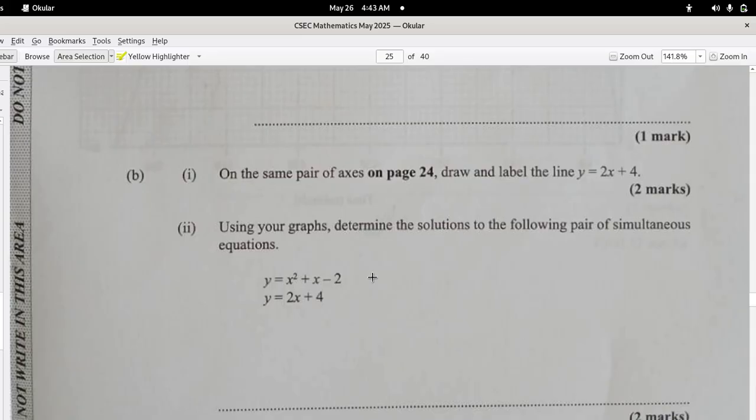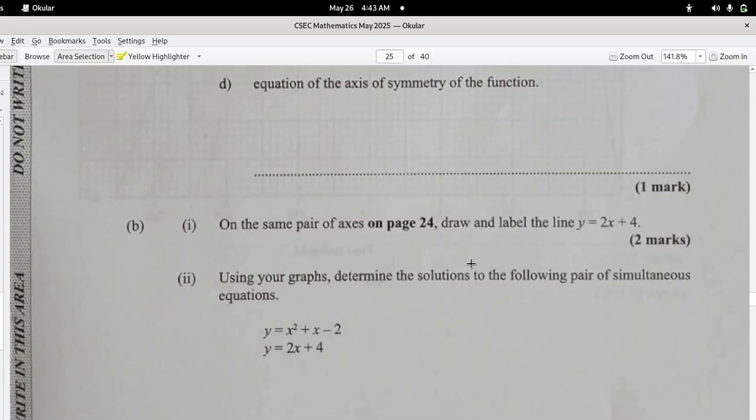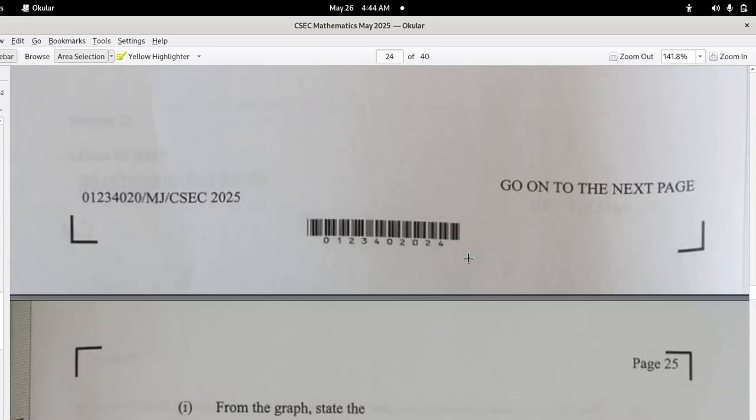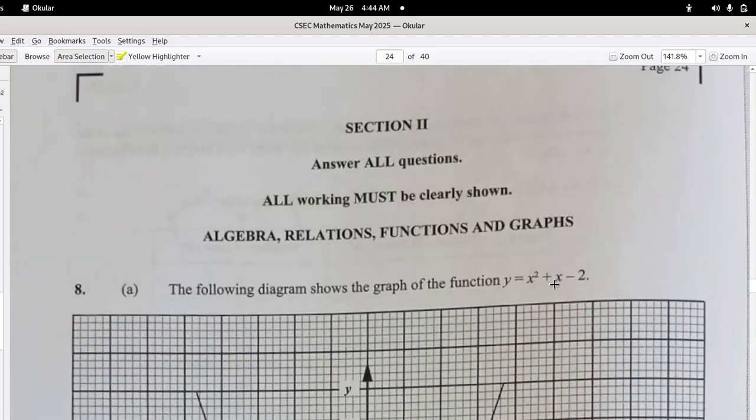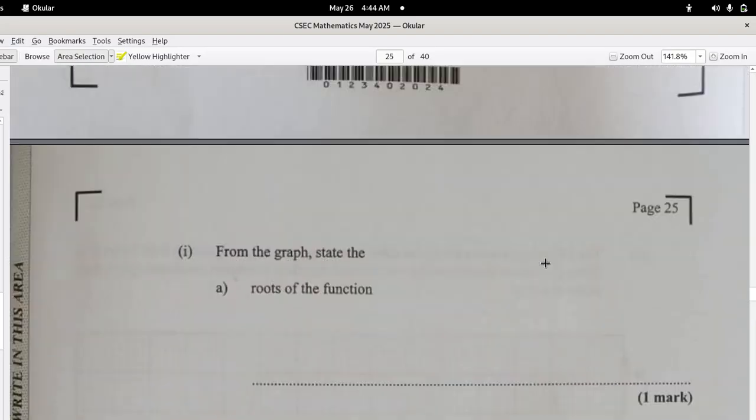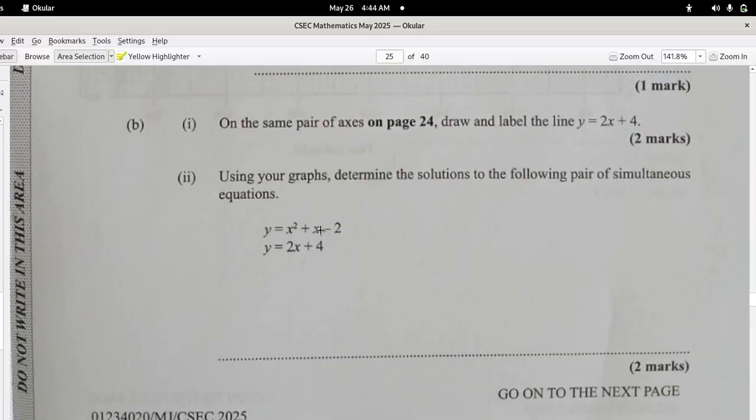After that, using your graph, determine the solutions of the following pair of simultaneous equations. Y equals x squared plus x minus 2, that's the original function, and y equals 2x plus 4.